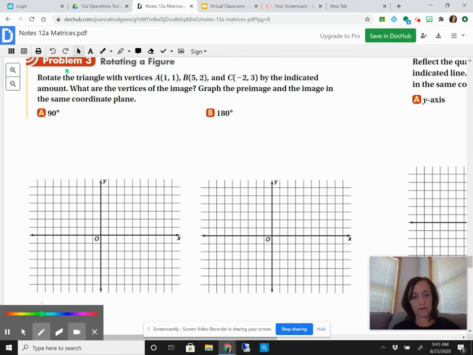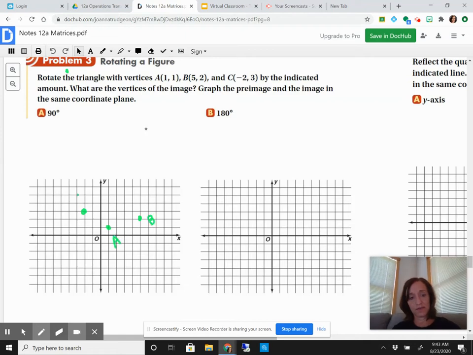All right, let's try this again. That was just so small. 1, 1, 5, 2, negative 2, 3. So this was A, B, C, the pre-image. We don't have those little primes on them.